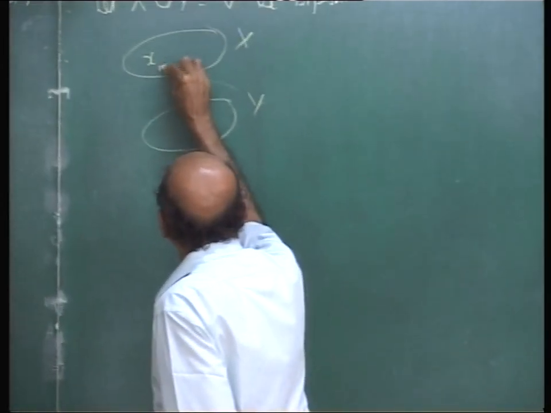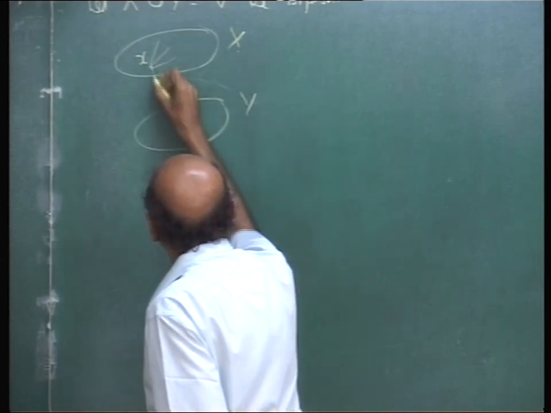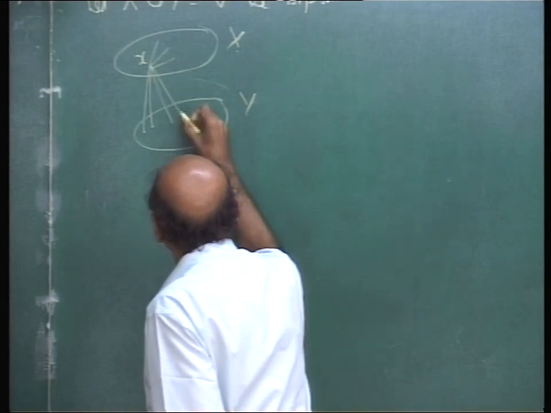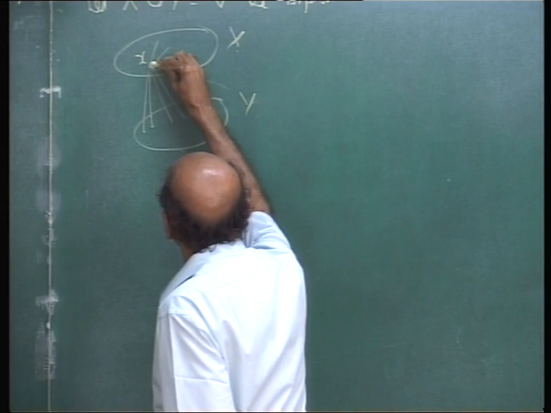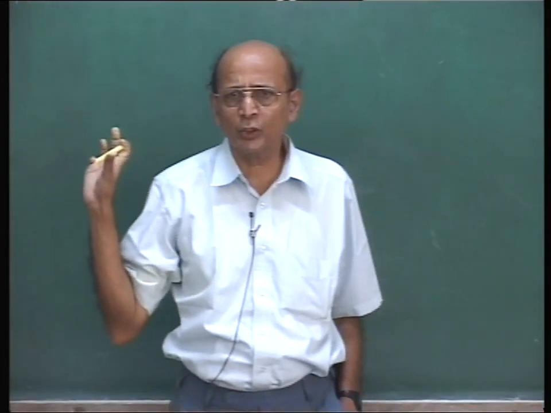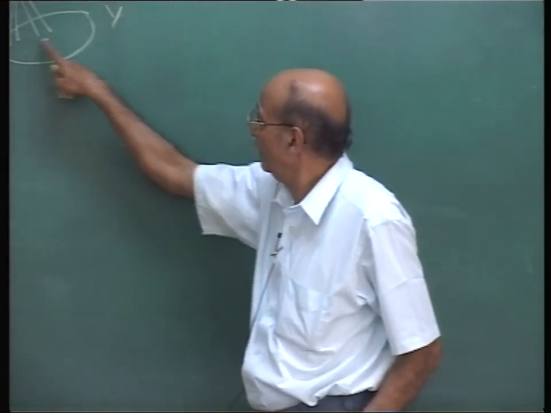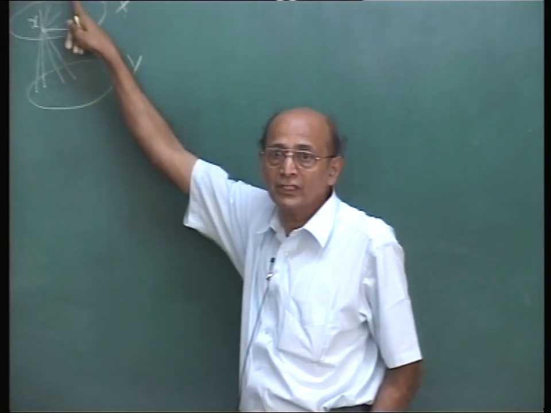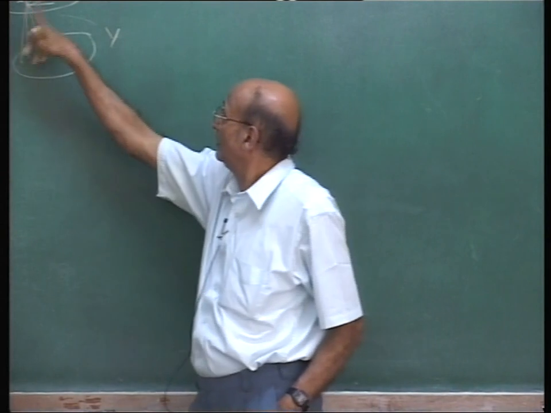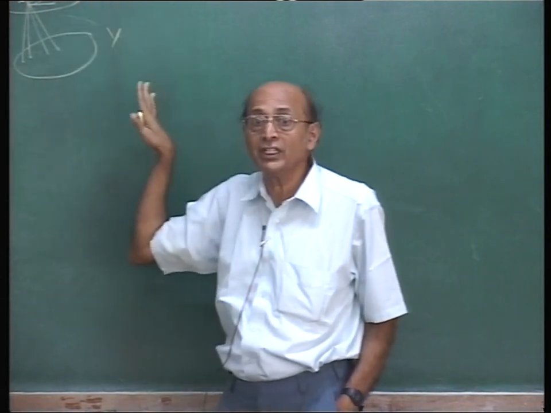What are the adjacencies of x? Some are adjacencies inside capital X, some are adjacencies in Y. That is how the picture is going to look. Say x is adjacent to 4 vertices here and 5 vertices there. What is it that I can do? I can shift x from capital X to capital Y. I can change that bipartition.